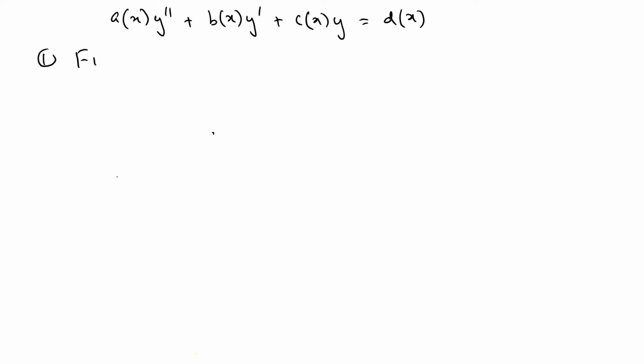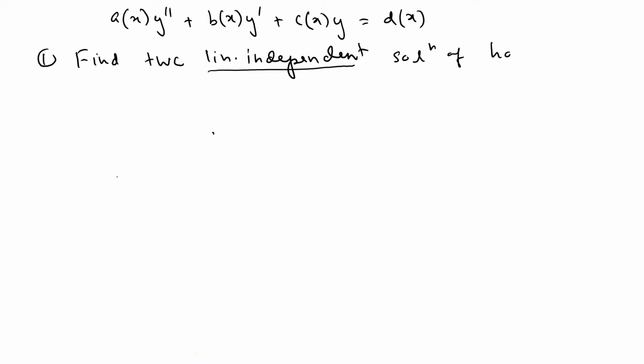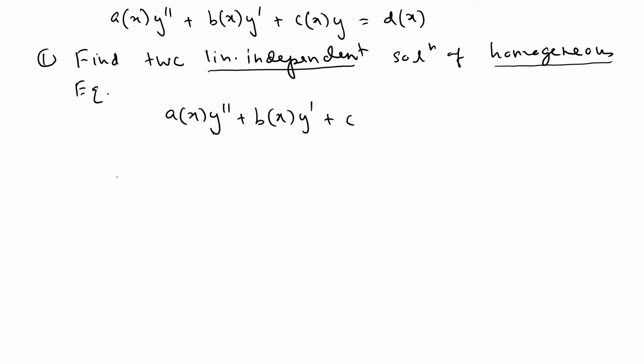Find two linearly independent solutions of the homogeneous equation a(x) y'' + b(x) y' + c(x) y = 0.